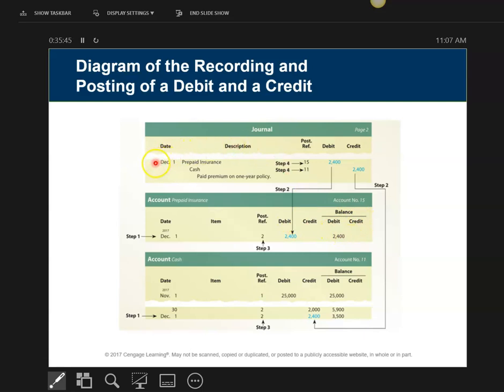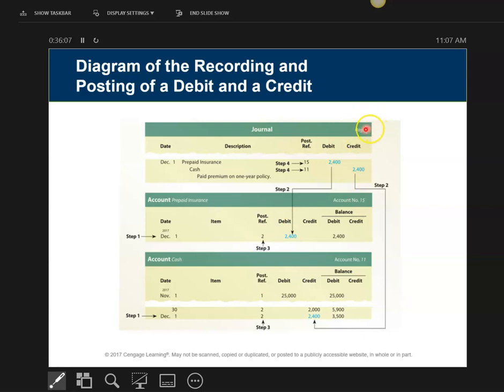So what I do is I take this first transaction right here and I copy it into here. December 1st, the prepaid insurance account is debited for $2,400, and the posting reference. This posting reference right here is the page number of the general journal.